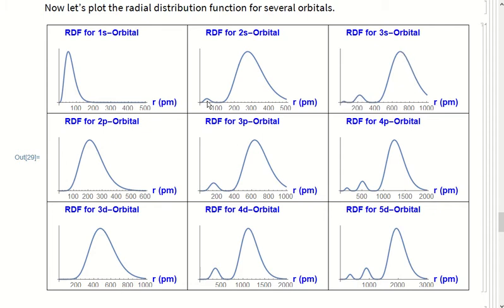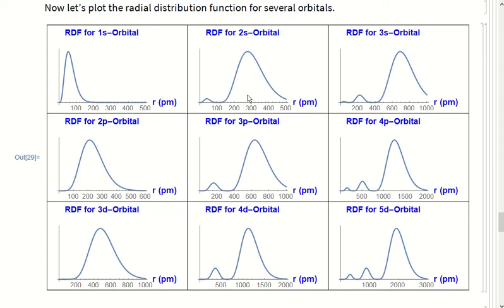The 2s has 2 maxima, one of which is a global, and I should mention for the 3s we have 3 maxima, but we've got the global maximum out over here somewhere in the 600 to 700 picometer range. Notice the horizontal axis is in picometers.